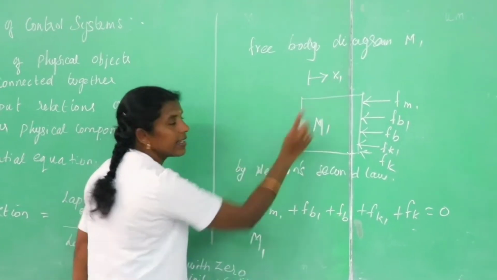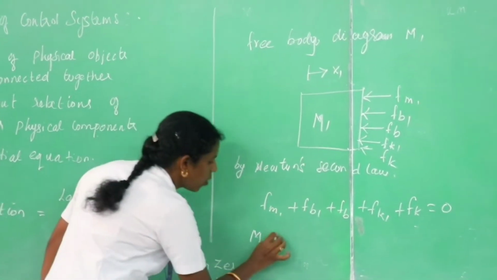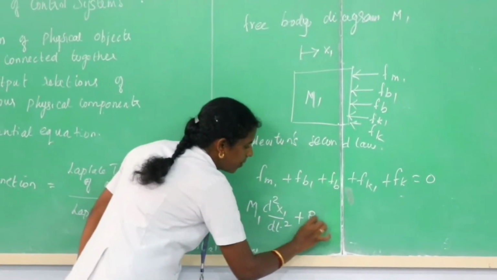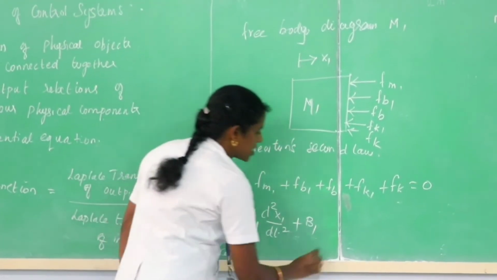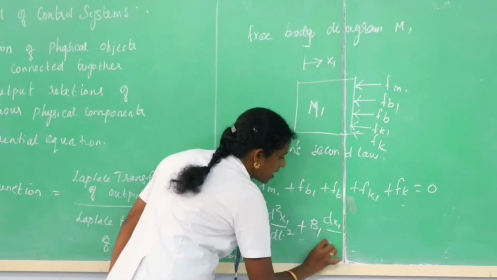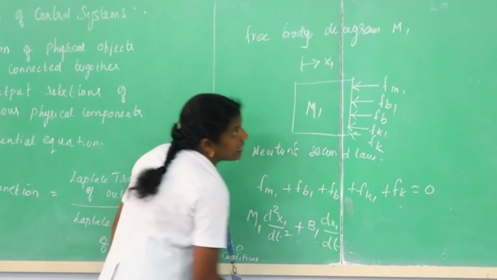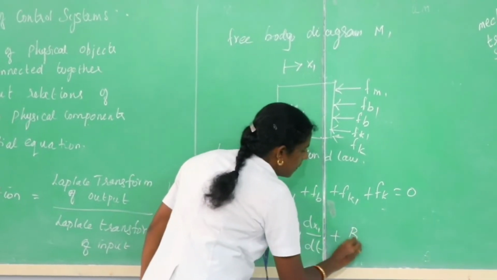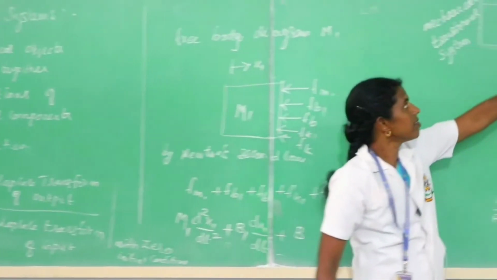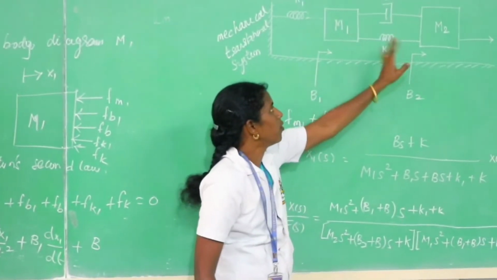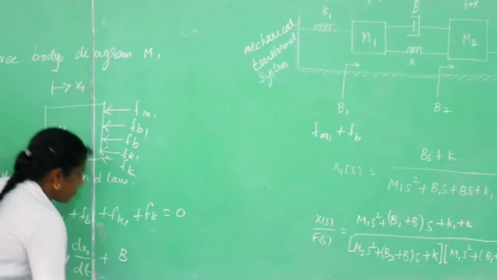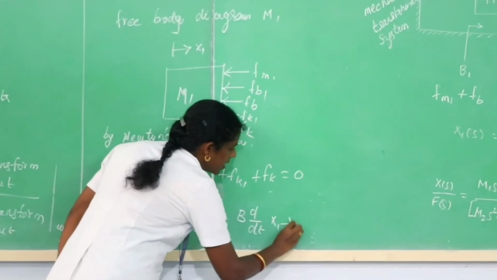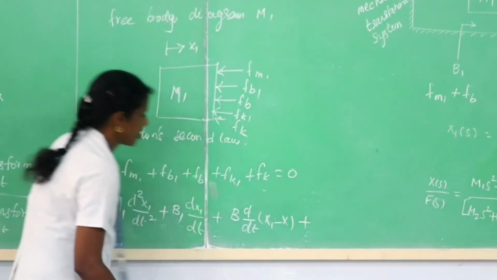m1, here the displacement is x1, so d squared x1 by dt squared, plus b1 into dx1 by dt, plus b, that is the dashpot connected between m1 and m2, so d by dt of (x1 minus x).